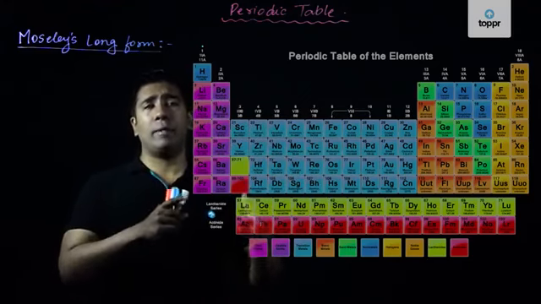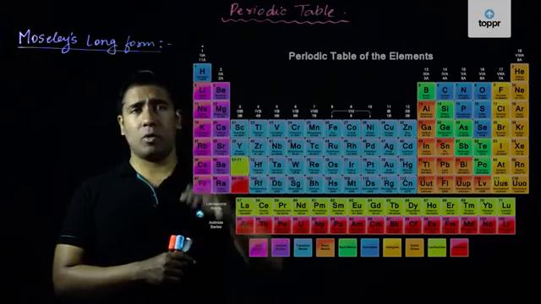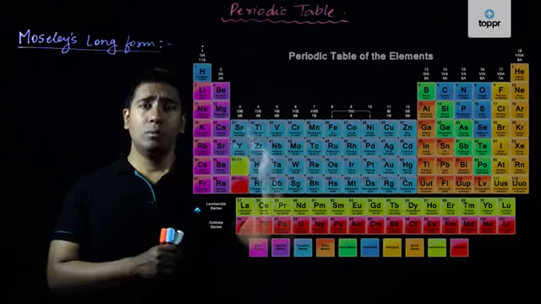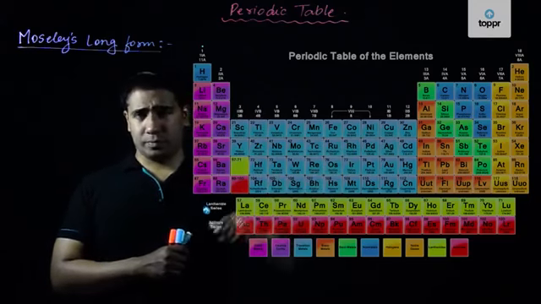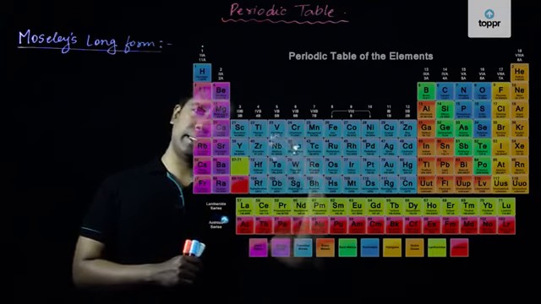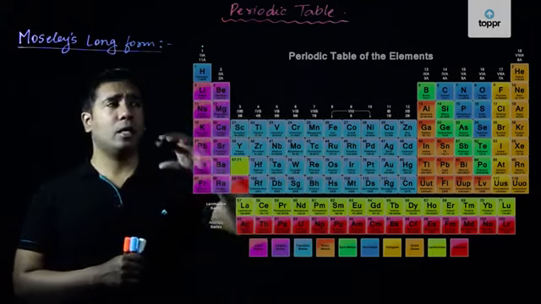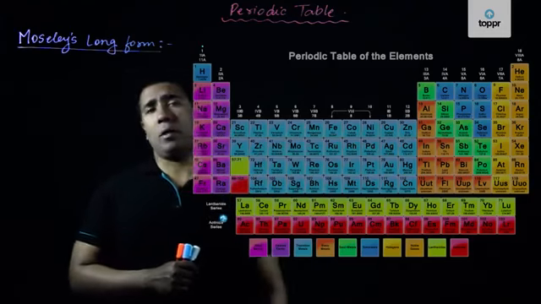In the fourth period, there are 2 elements from the S block, 10 elements from the D block, and 6 elements from the P block, giving you a total of 18 elements in this one period of the periodic table.